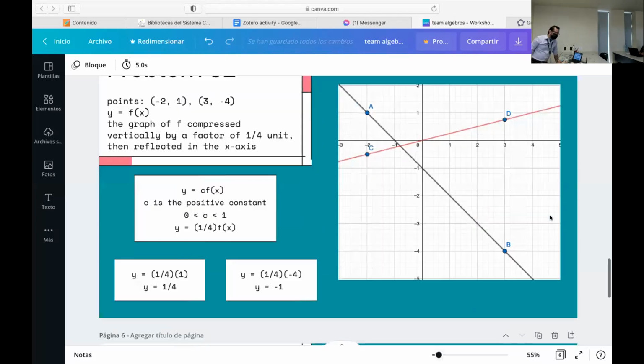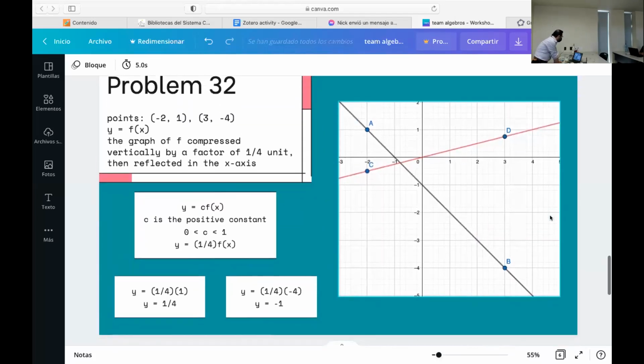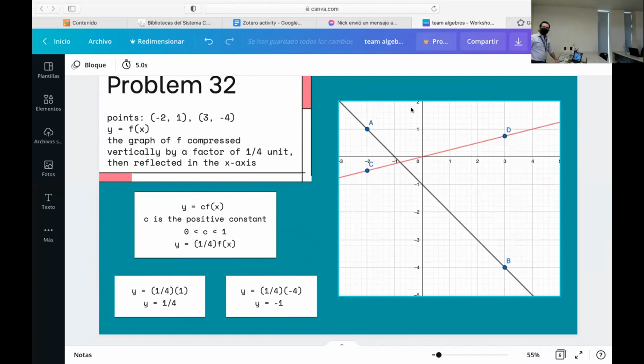Okay, so the problem gives us 2 points, and in the graph that's A and B, and that's the line that goes down. Well, I guess it was a line. We mentioned this is interesting because the problem is just giving us 2 points, and for the purpose of visualizing the problem, all of you considered it a line.